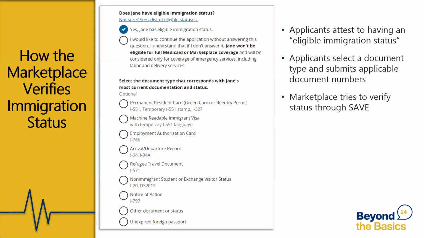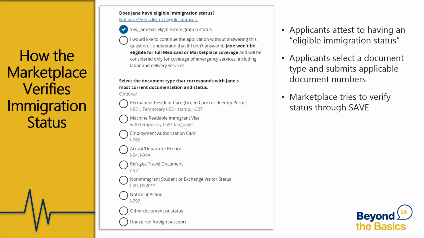And if a person is one of those statuses, then they can say yes, right? And then they're going to be asked a series of other questions, including what document do you have, because they're going to be seeking from the applicant different numbers depending on what kind of document that person has that they use to verify their immigration status.